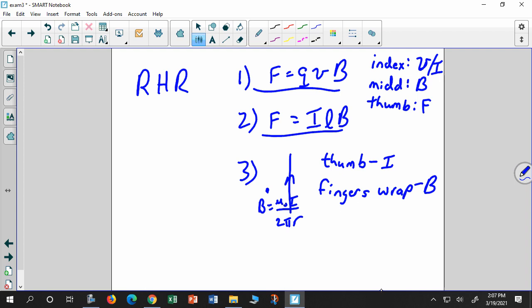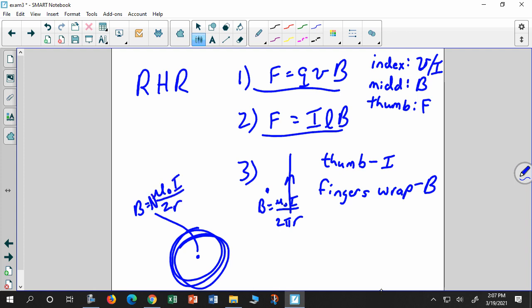And then the 4th equation that we have is if we have a coil of wire, a solenoid like we had today, the magnetic field at the center of that coil is equal to mu naught I over 2R, and then there's an N in front of this. Again, on your equation sheet, the way you tell the difference is the coil has the N in it. Just remember that, because a coil of wire is going to have multiple turns of wire. But a single wire is obviously a single wire, so you don't need to put the N in that equation.